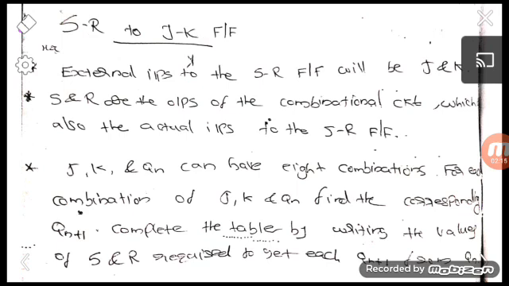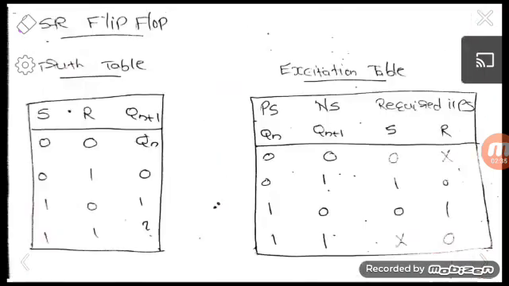For that we must know the truth table of the JK flip-flop and the excitation table of the SR flip-flop, since we are converting SR into JK. We have already learned the excitation table.